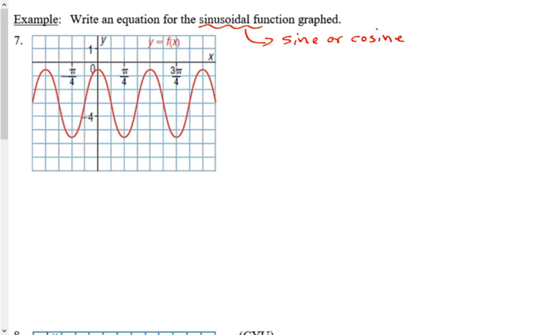What's the first thing you would like to find? Anybody? Yes? Okay, so you found vertical displacement was 3 down, and how did you get that?